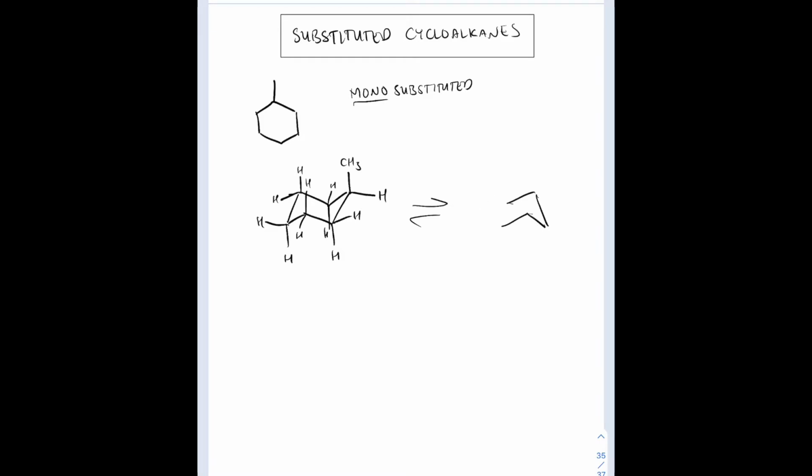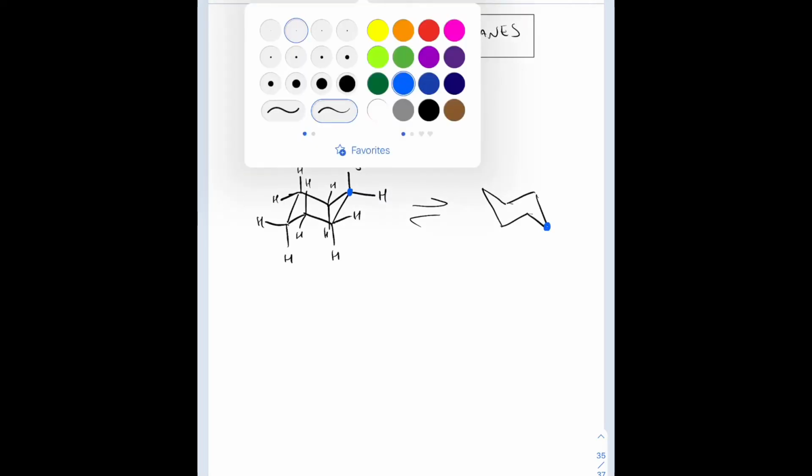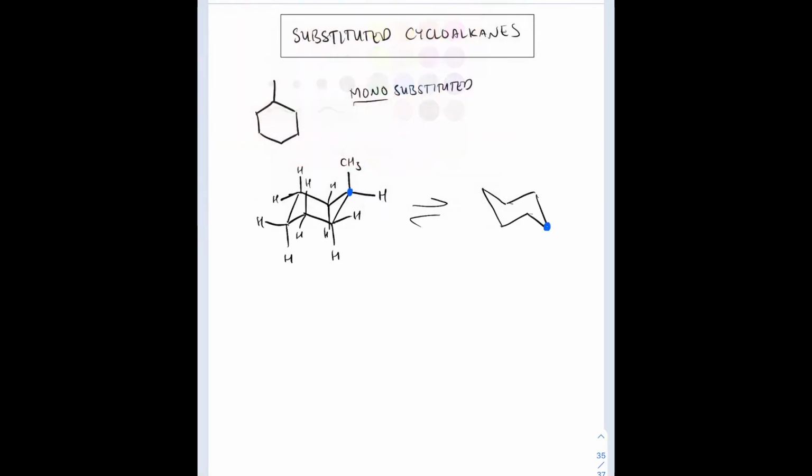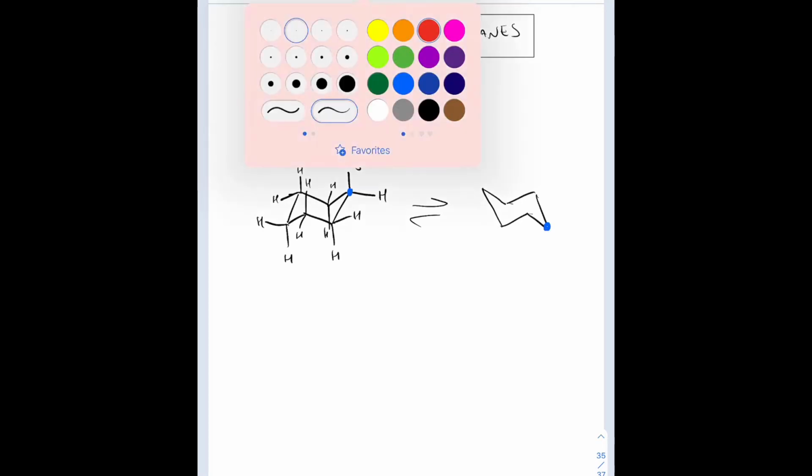Let me draw that better. There we go. And so now, if we're focusing on where that methyl was, it was on this carbon, which is now this carbon. So as we stated before, the up carbons become the down carbons, right?